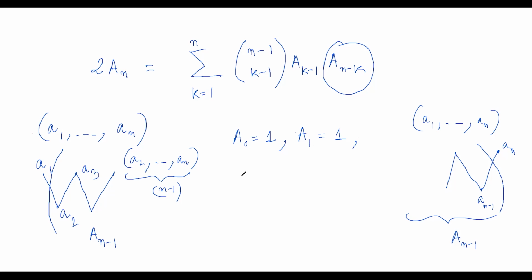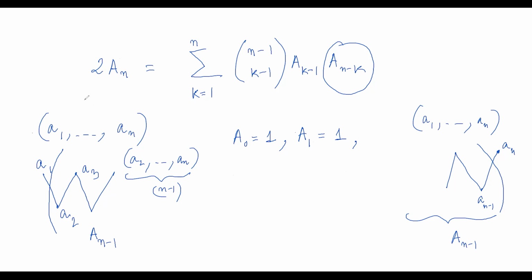And now for our problem, what we have to find out is 2 times a5, right? Because we need to find out that given any 5 numbers, how many alternating sequences can we make out of it. And so now we have to do some recursive calculations based on our recursive relation and the two initial conditions. So if we calculate 2a2, that will be equal to 2 and a2 equals 1.